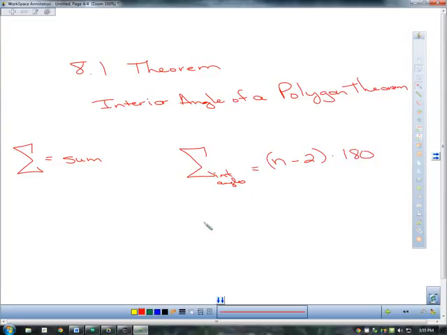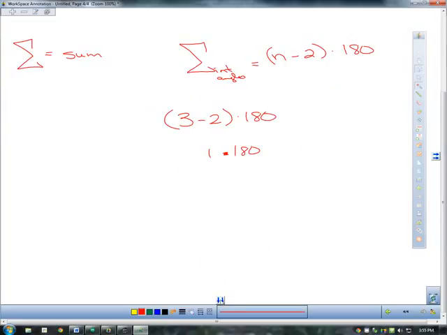So, for instance, if I have a triangle, like we've been talking about for a good 18 weeks, I have 3 sides, right? So I just pop that in. So I know all of the angles inside a triangle must add up to 180 degrees. Making sense? Remember, at any time, if you need this to slow down, you can push pause, you can rewind, you can do anything you need to do.